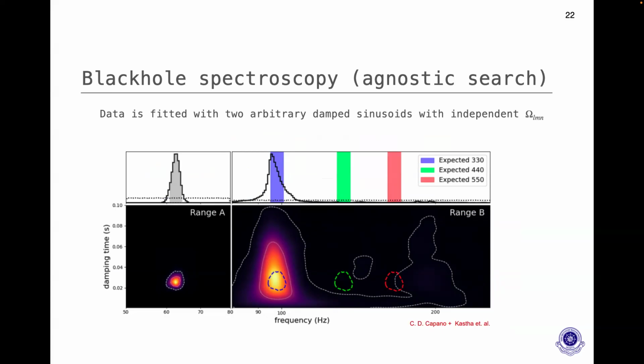Now, if we consider a Kerr black hole and say that the first blob corresponds to the quasi-normal mode signified by l=2, m=2, and n=0, then the second blob actually coincides with the mode 330. So we basically detect a second subdominant mode, 330, in this event.